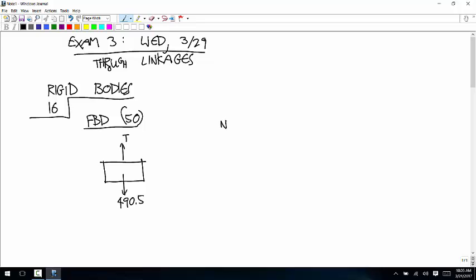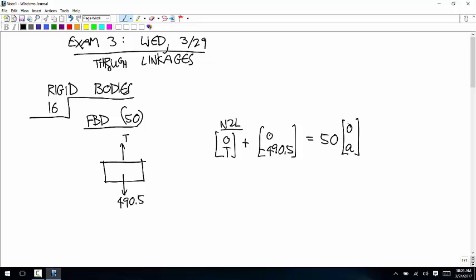Newton's second law says zero T plus the weight is equal to 50 times A. So we have one useful equation, T minus 50A is equal to 490.5.